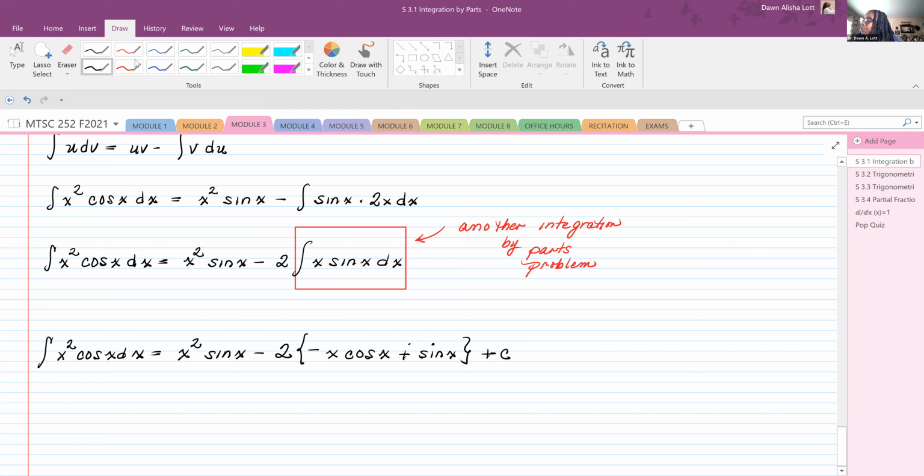So if you remember, go back to the beginning of the problem, this part here we did, and this was the first problem we did. So we're just plugging it in.